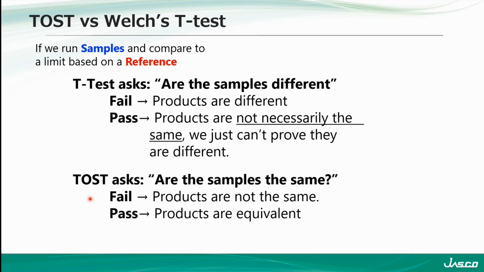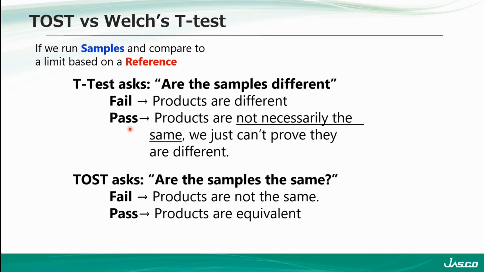And so if we run a set of samples, and then we've established the limitation of where we expect our spectra to be in Euclidean distance based on reference sets, a standard Welch's t-test is asking the question, are these samples statistically different? So if that t-test fails, it indicates that the products are different, right? So in that case, we would say these two structures are most likely not the same.